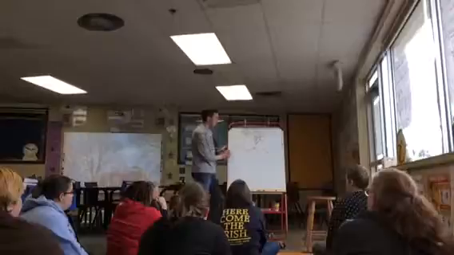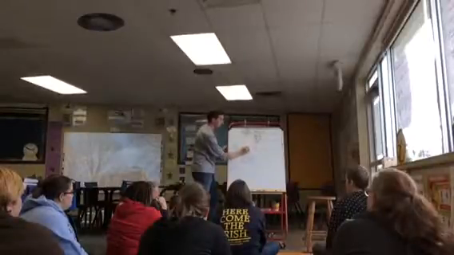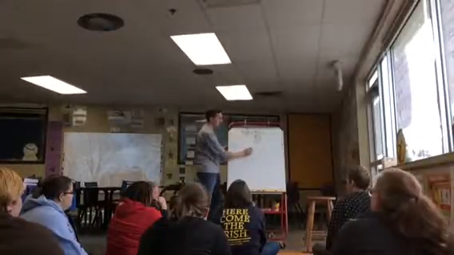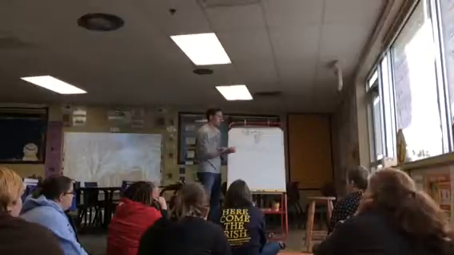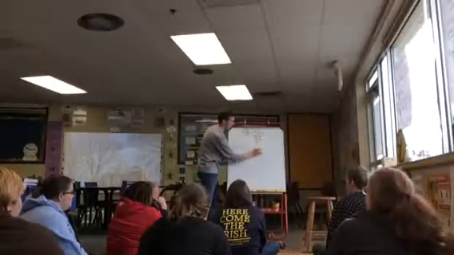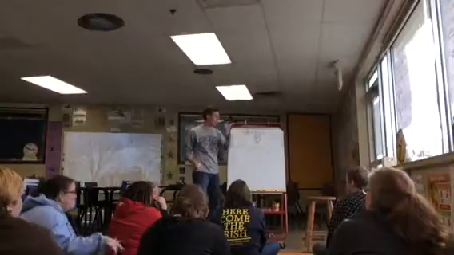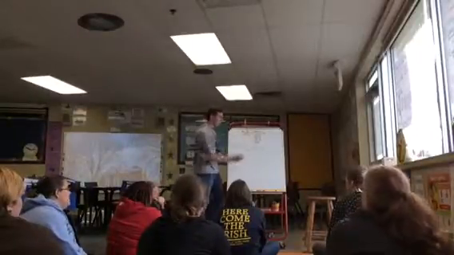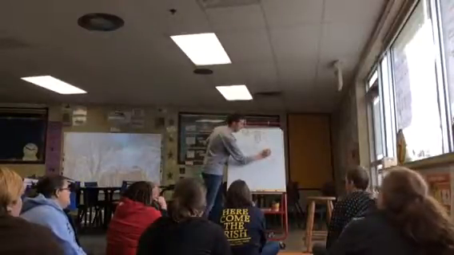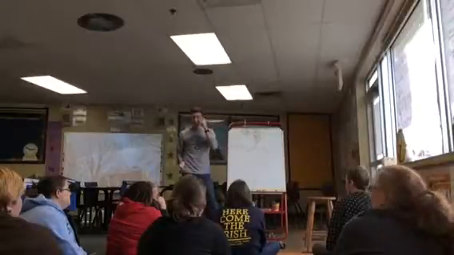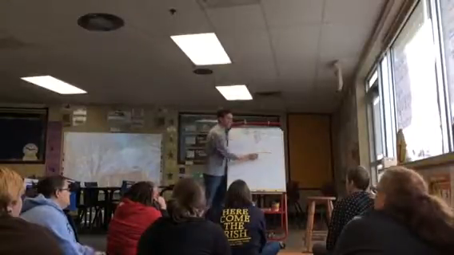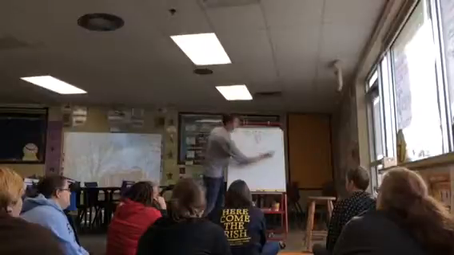10 less than 58, I know is 48. 10 less than 48 is 38. Class, 10 less than 38 is 28. Now I'm checking my arrow. Now I'm only doing 1 less. 1 less than 28 is 27.